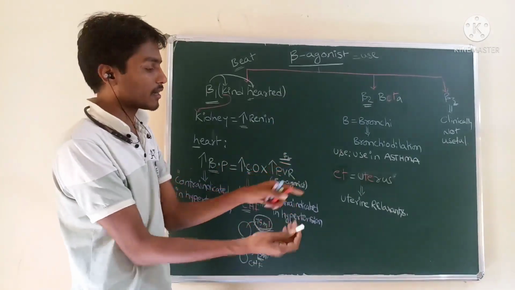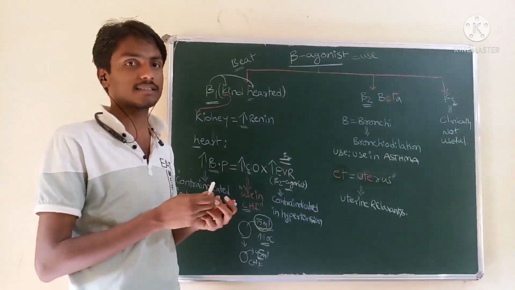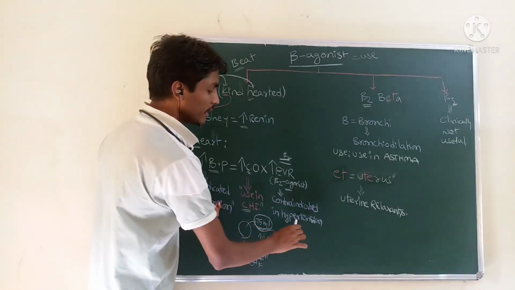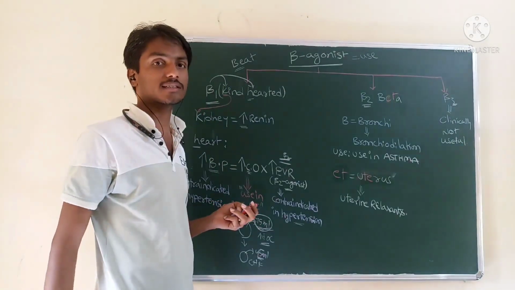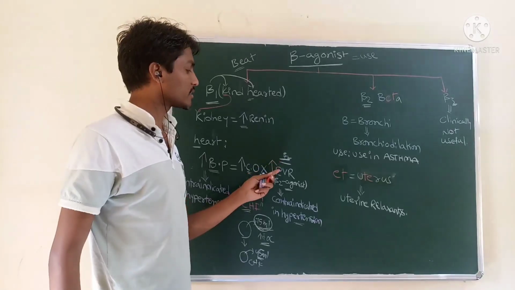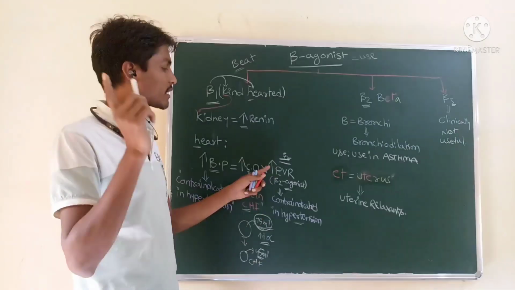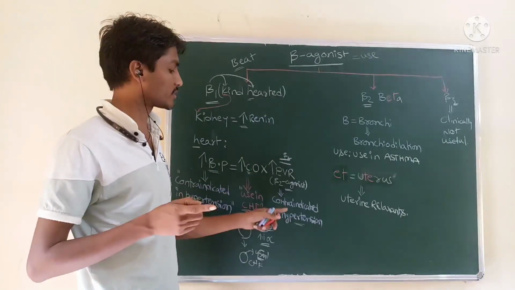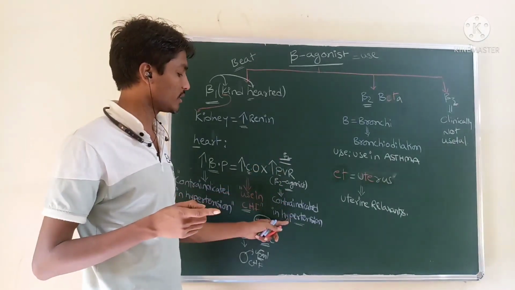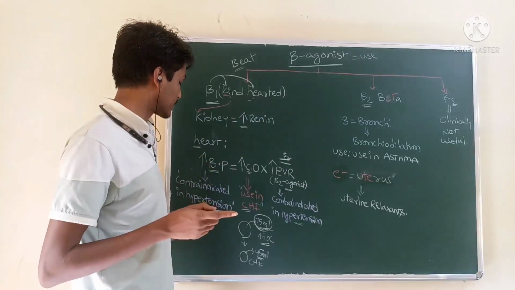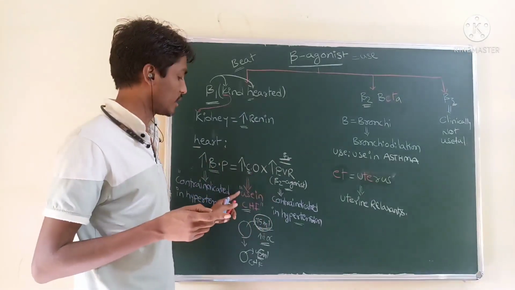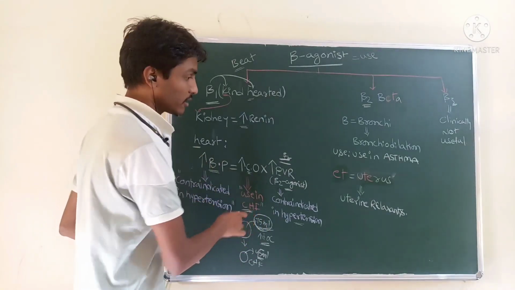Upon activation of the receptor, further vasoconstriction occurs. Hence beta 1 agonist is contraindicated in hypertension, but used only in congestive heart failure.